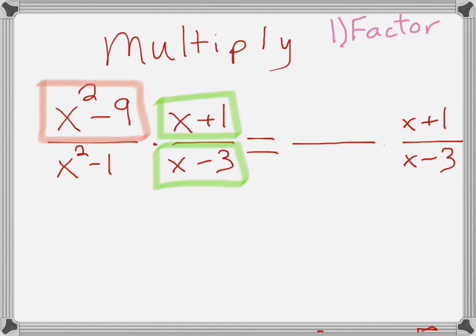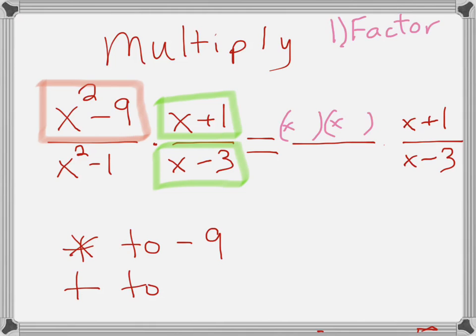Now that x squared minus 9, I need to write that as two factors. And if you remember, this is a difference of two squares problem. So either you've got this memorized as x plus 3, x minus 3, or you think what two numbers will multiply to negative 9 and add to 0. Well, that would obviously be 3 and negative 3. So x plus 3, x minus 3.